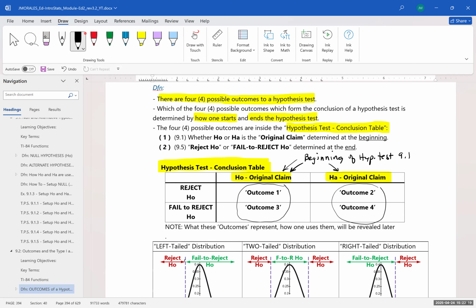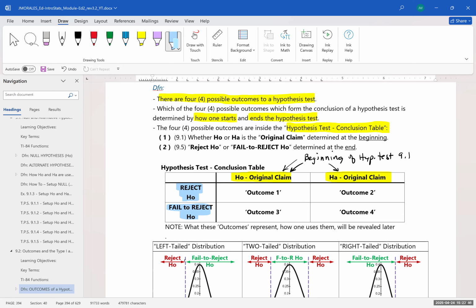It was either of those two outcomes. Okay, so getting the original claim, whether it was the null or the alternate hypothesis at the very beginning, is really important. Now later, we're going to come to determine whether we're going to reject the null hypothesis or fail to reject the null hypothesis.